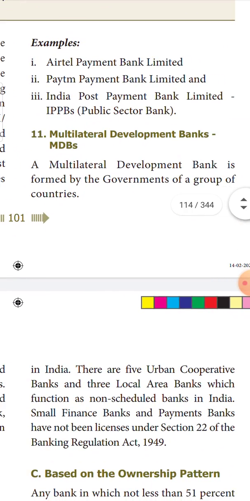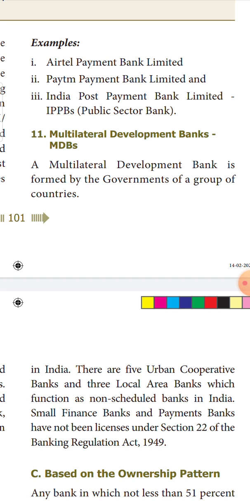Next is multilateral development banks. Multilateral development banks means these are also development banks. It is formed by the governments of a group of countries. The members of the developed nations will be the donors, and there will be borrowers also.